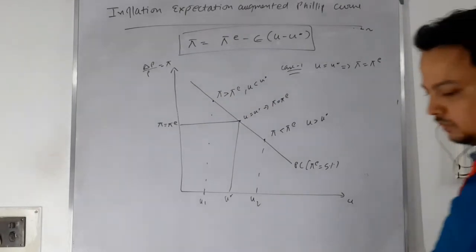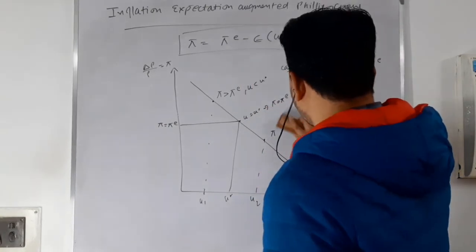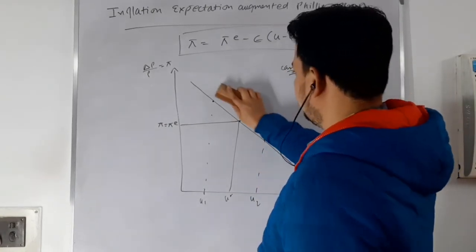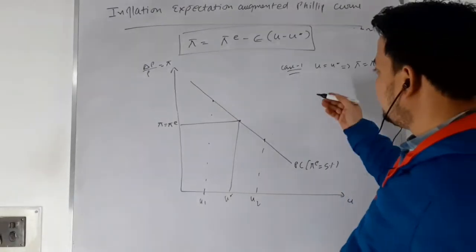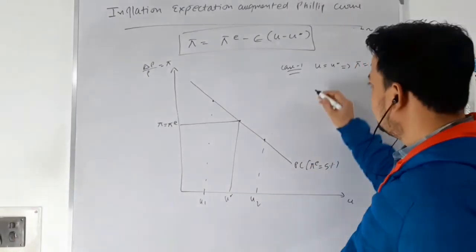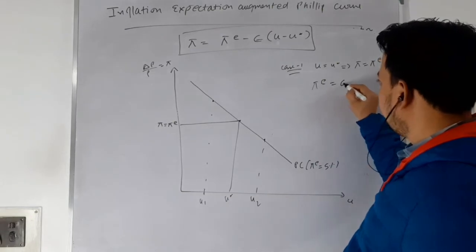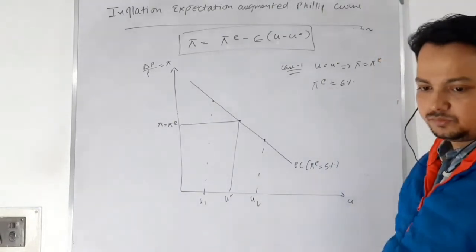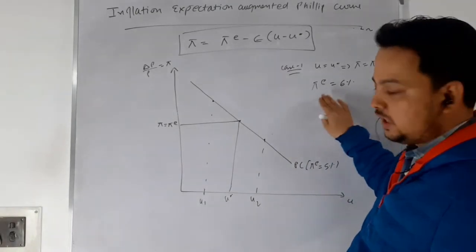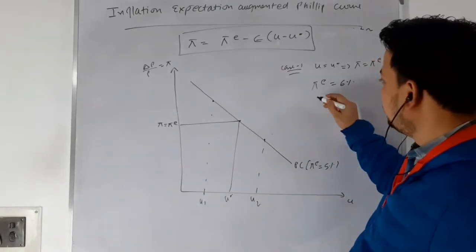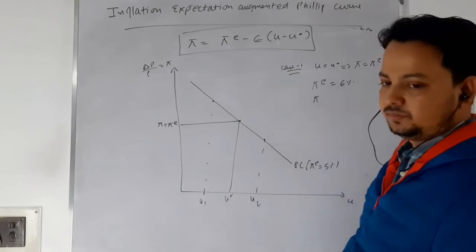Now suppose inflation expectation in the economy increases. Suppose in the next period they sit down and expected inflation is 6%. When expected inflation is 6%, it will translate one to one into actual inflation.